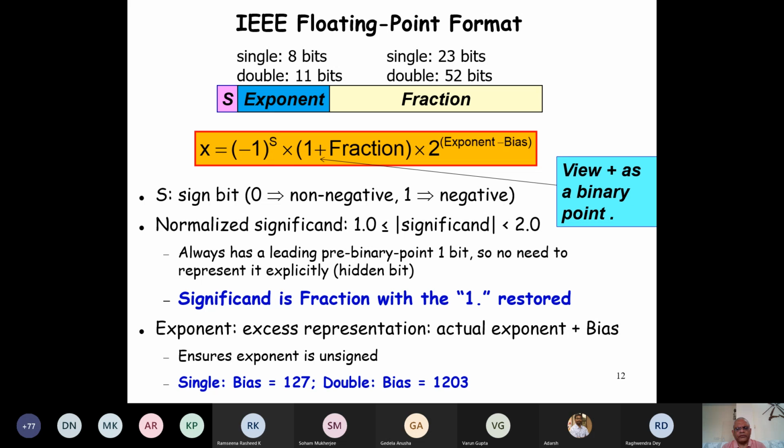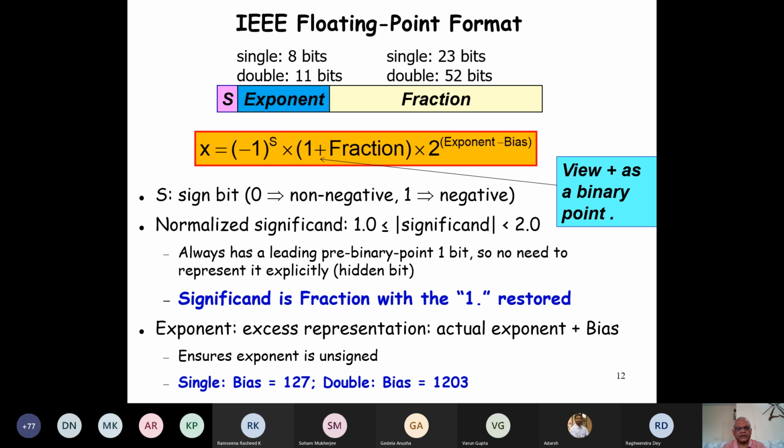But what about a negative exponent? We don't want to do the business of storing a sign for the exponent also. Just see the complication here. The exponent can be positive or negative, and we don't want to keep a sign bit on the exponent and so on. And the fraction is 23 bits. 23 plus 8 plus 1 is 32.